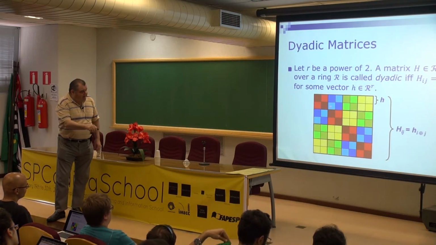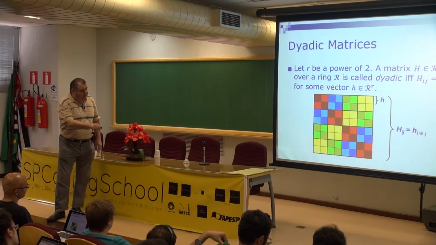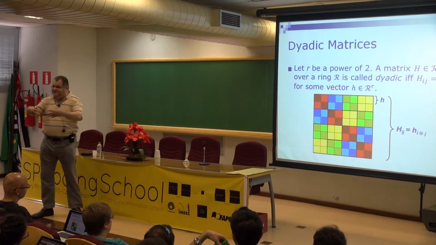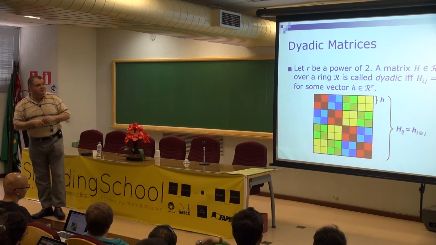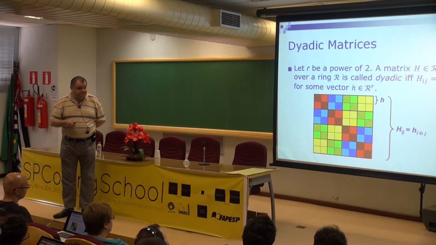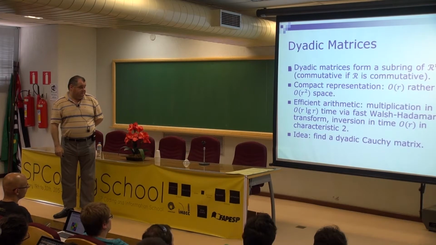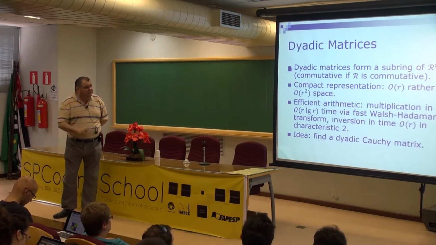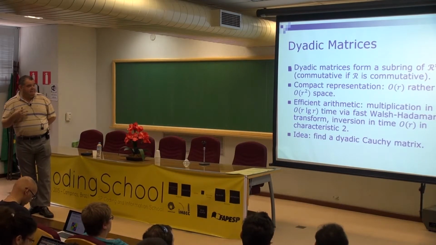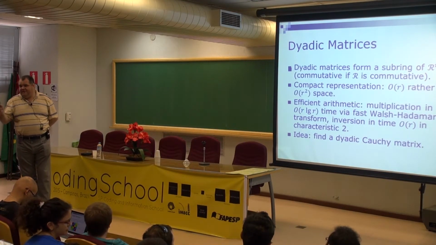Now pick this 2 by 2 element and the blue element, repeat the red element here, repeat the blue element here. So we are crisscrossing the matrix to get this structure. And dyadic matrices form a proper subring of square matrices. The representation is compact as well.